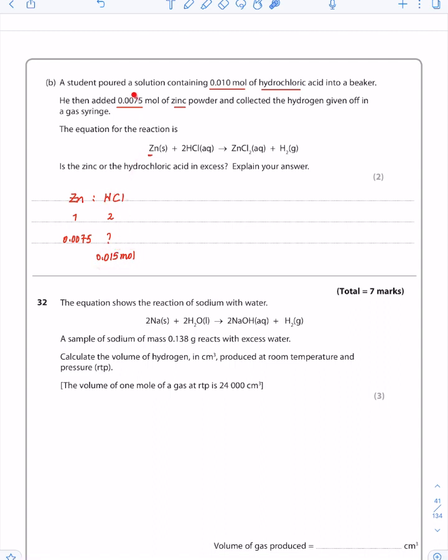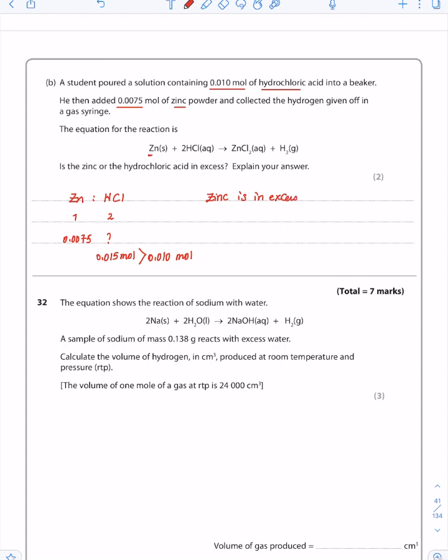This number is greater than the 0.010 moles of hydrochloric acid available. So the zinc is in excess. We can write that the zinc is in excess.